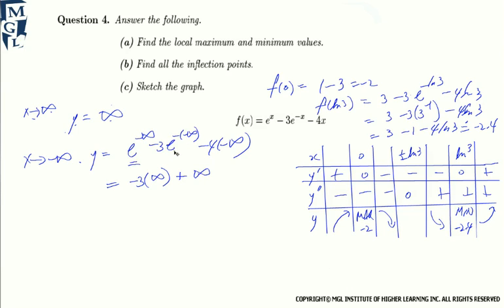Again, if you consider minus 3 e to the power of minus x and minus 4x, if you factor out e to the power of minus x, and when you apply minus infinity here, this is going to approach infinity, and that's going to approach 0.